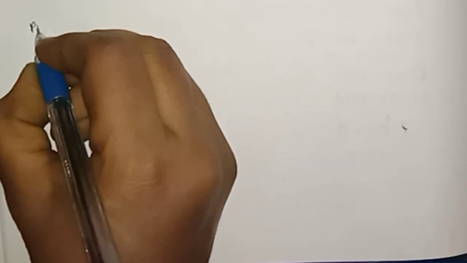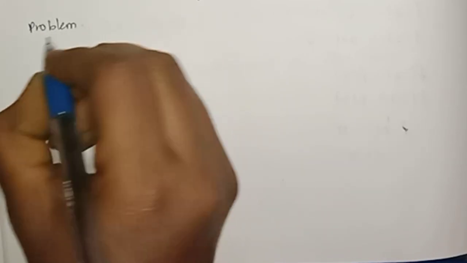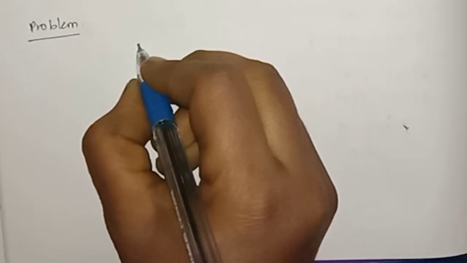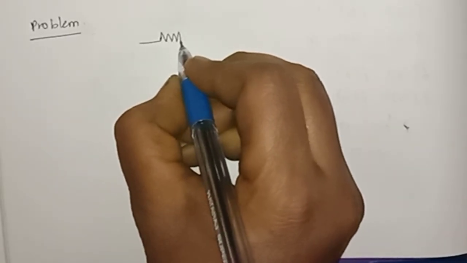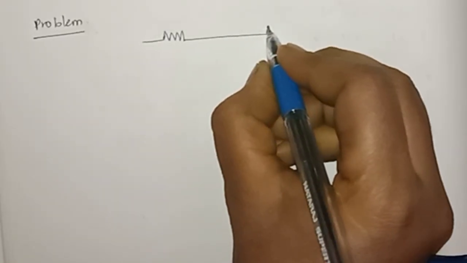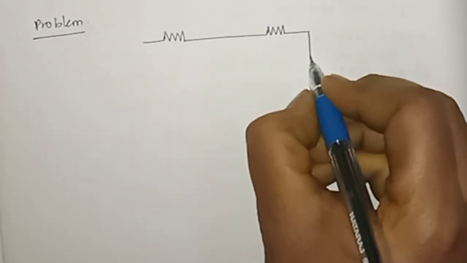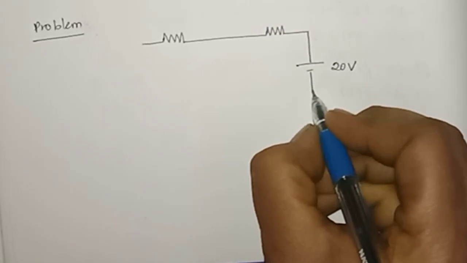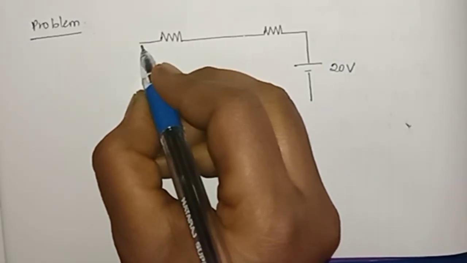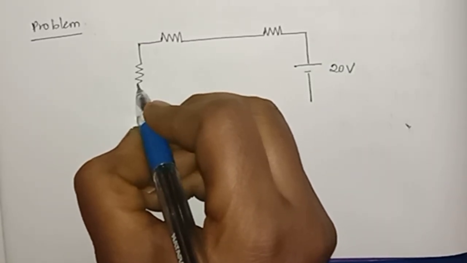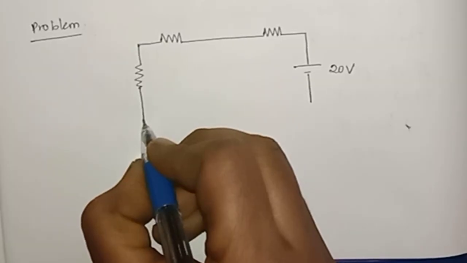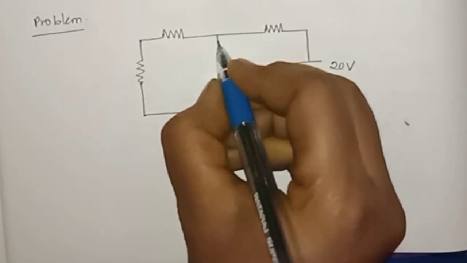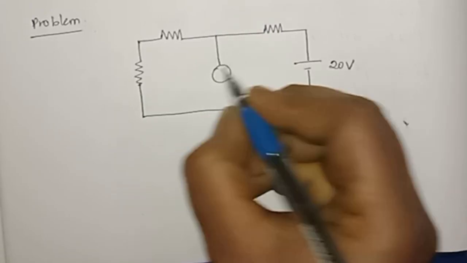Here I solve one example problem. Find the voltage drop across the 2 ohm resistor. The circuit has resistances and 1 voltage source connected with another resistance, and it has 1 current source.